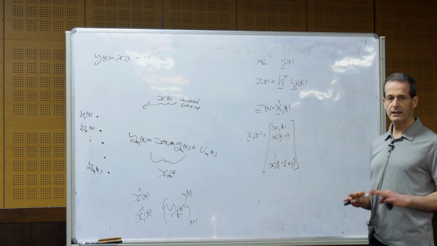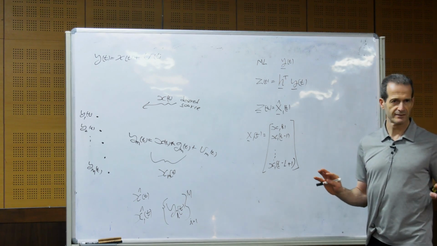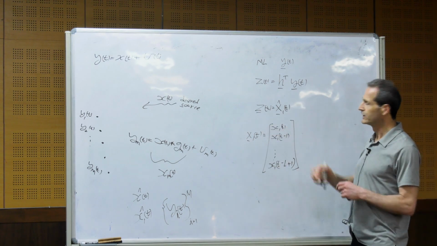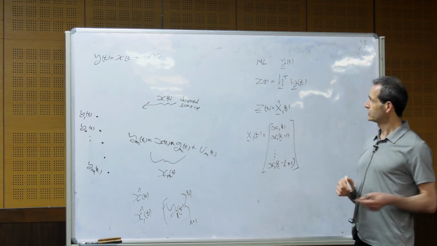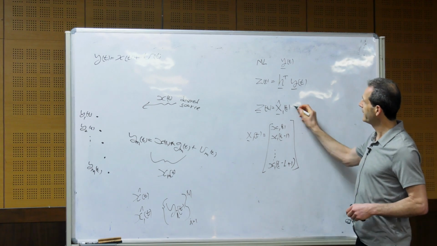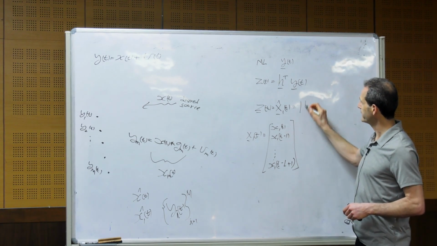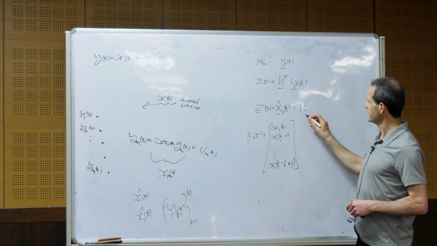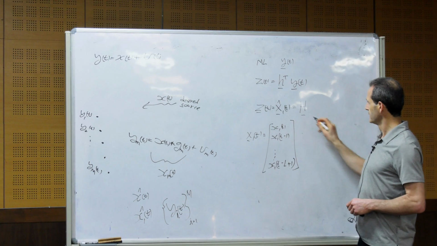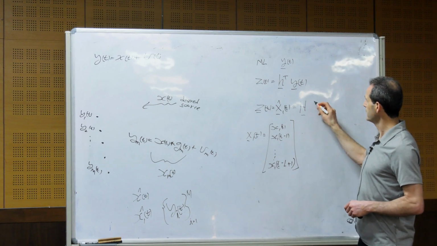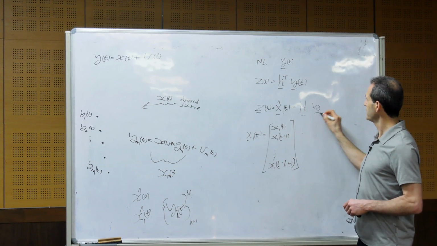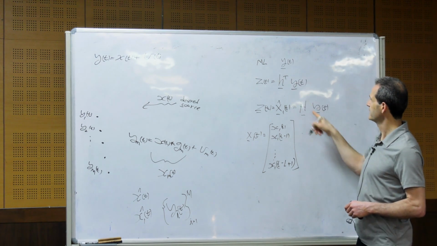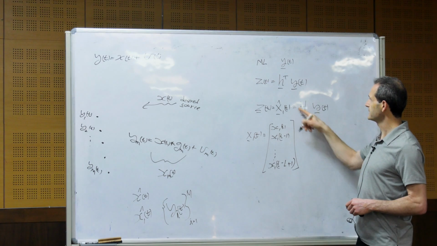Okay, now let's try to simplify things. Suppose that I want to estimate this using a filter. Now the filter will be a matrix. I can call it H, and I multiply it with the vector Y. So what will be the size of H?